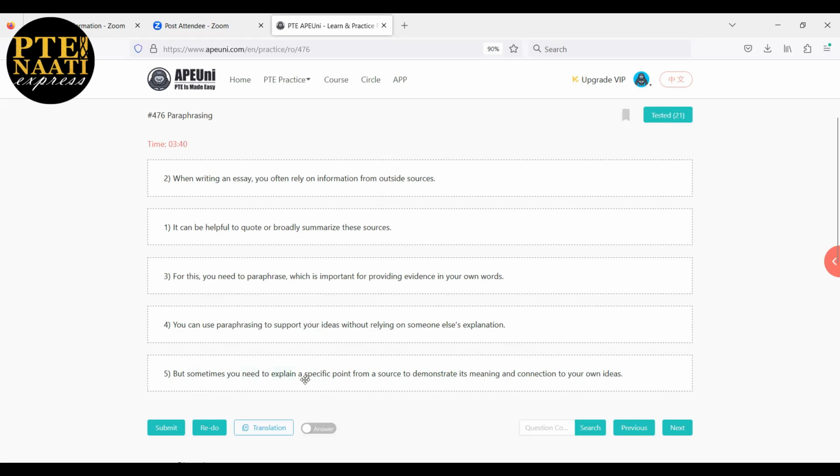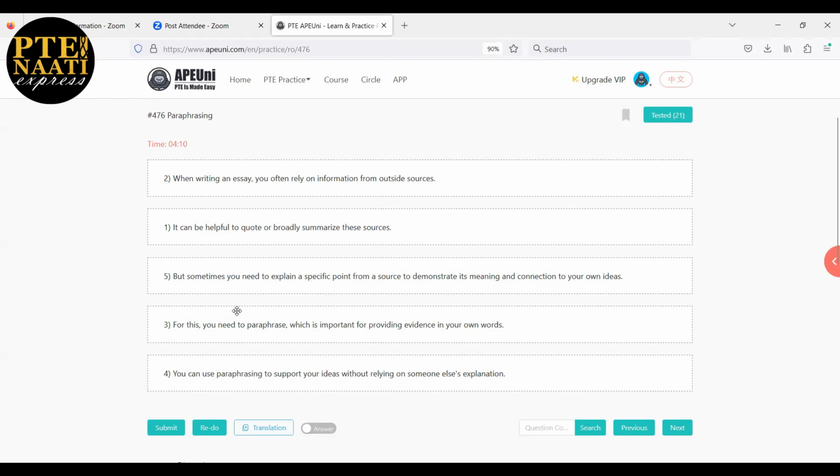But sometimes you need to explain a specific point from a source to demonstrate its own ideas. So all the sentences talking about sources are together. 2, 1, 5. But sometimes you need to explain a specific point from a source to demonstrate its own idea. For this, you need to paraphrase.